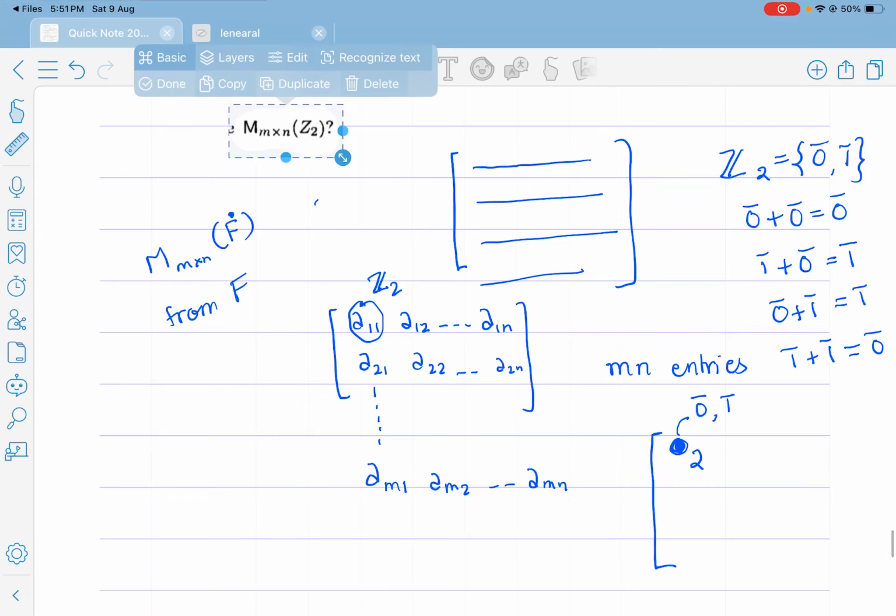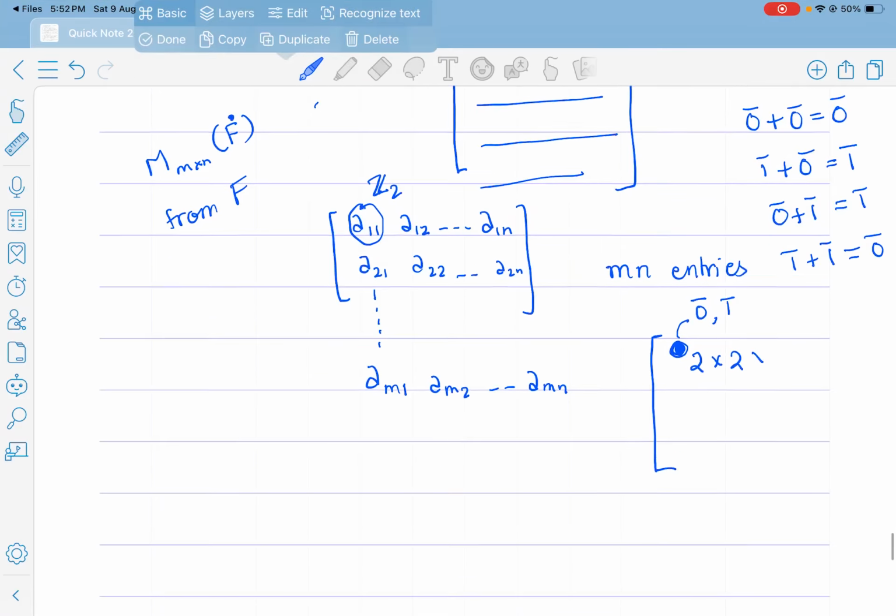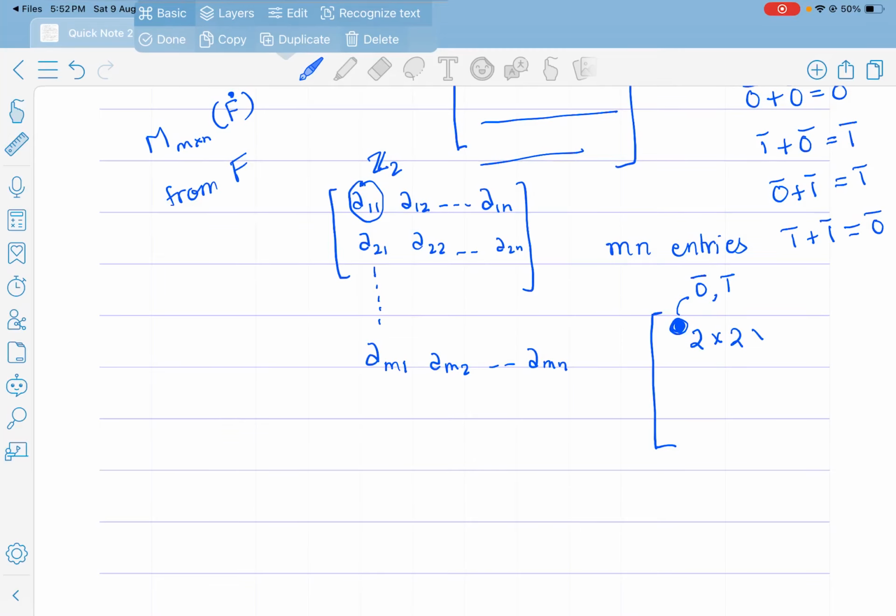So each time we have two options. So 2 into 2 into 2, and this will be 2 to the power mn. Okay, so this must be the answer.